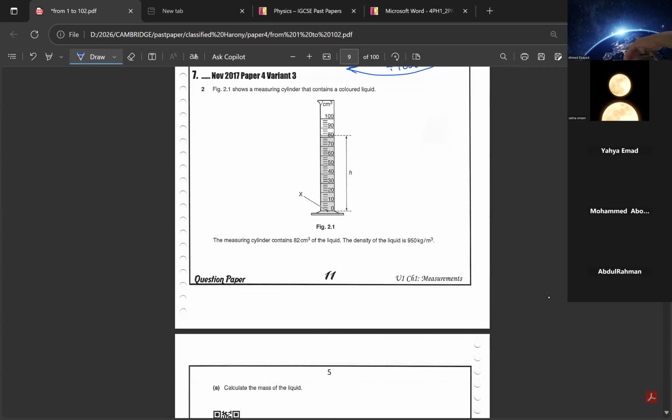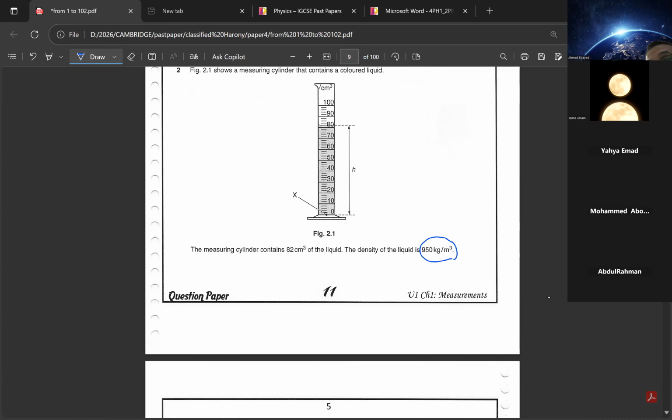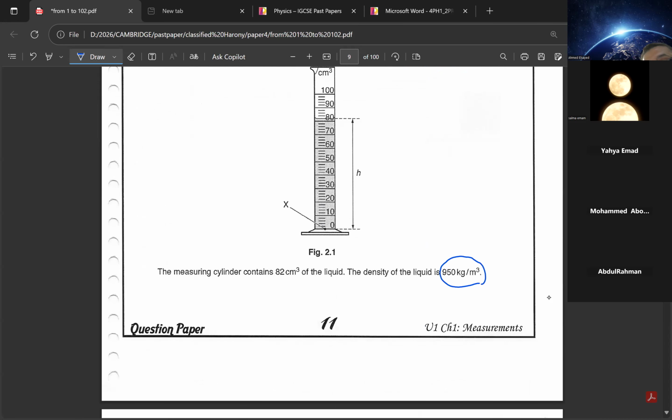Calculate the mass of the liquid. We have density, and this is a measuring cylinder, and they ask you to find the mass. So mass equals density multiplied by volume. Density is 950.